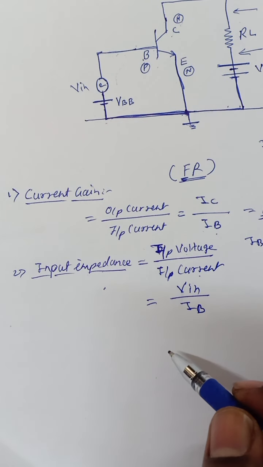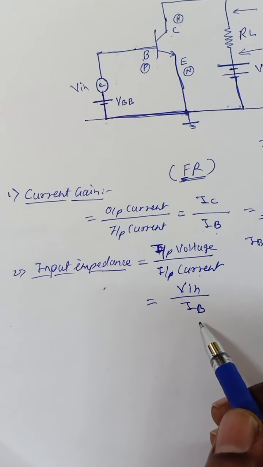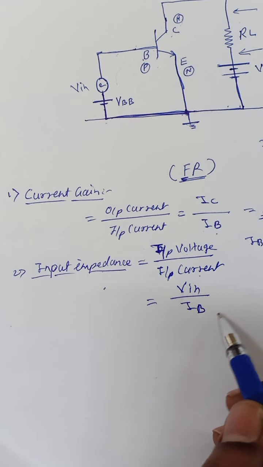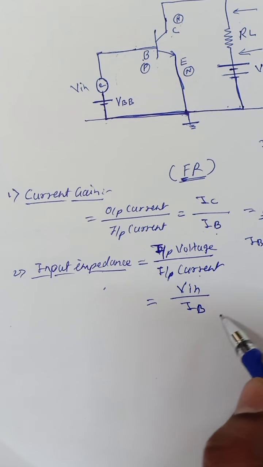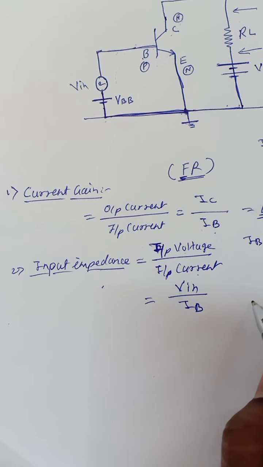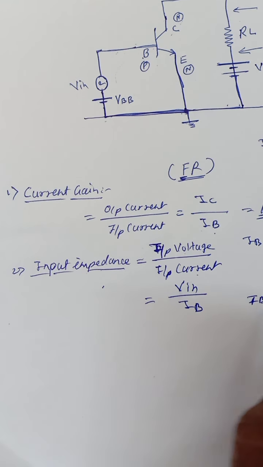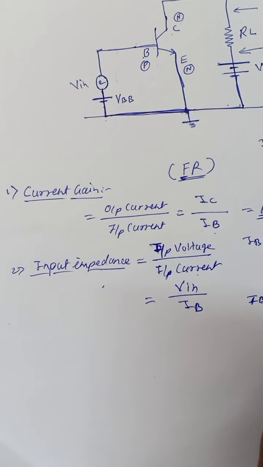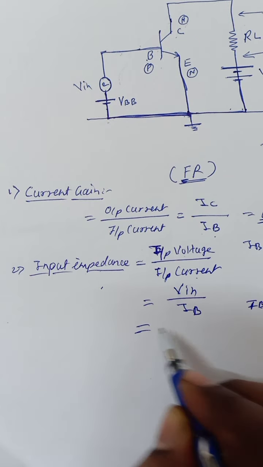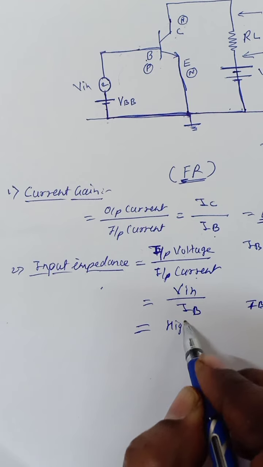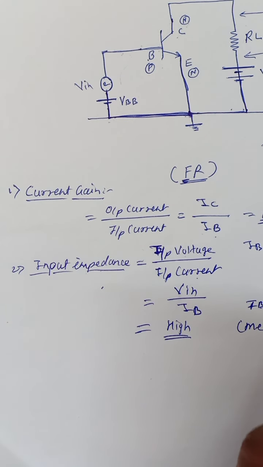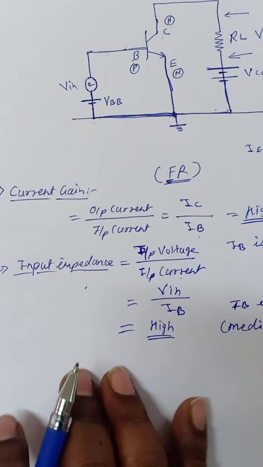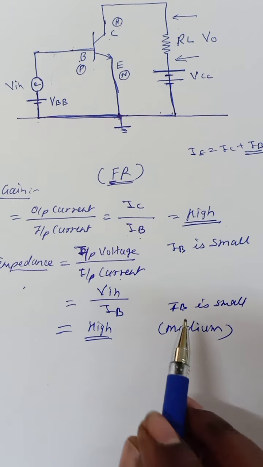Again, IB is very small, so the input impedance is high. Actually, if we consider the range, it is medium.